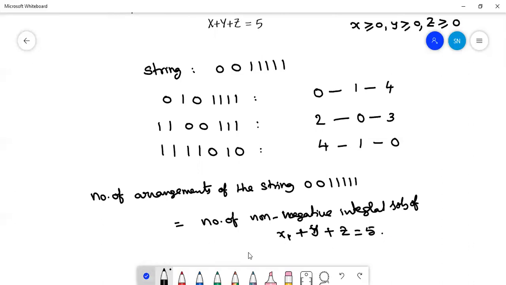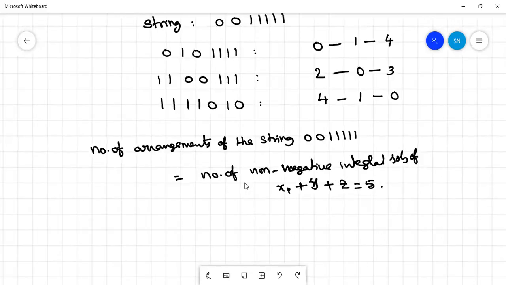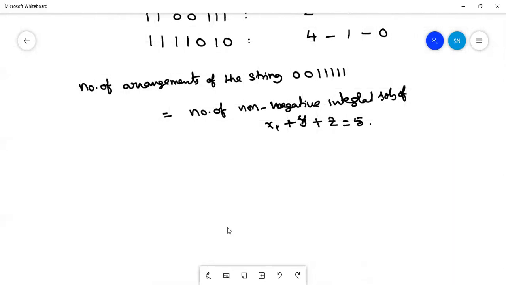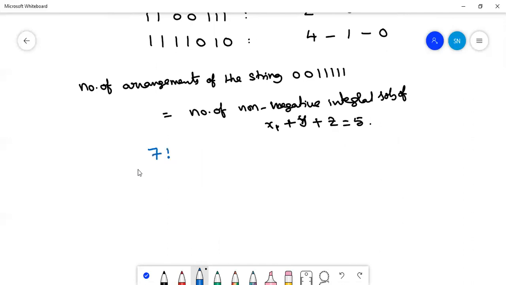So when you consider the number of arrangements of the string, there are 7 objects, 7 factorial, in which 2 are alike of one kind, 2 factorial, and 5 are alike of another kind, 5 factorial. So you can write it using combinatorics notation as 7C2.